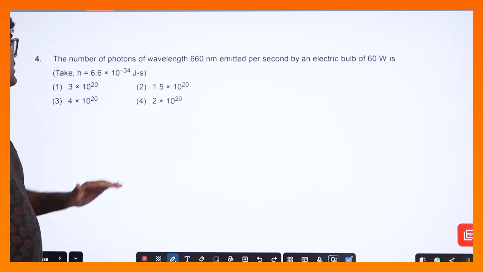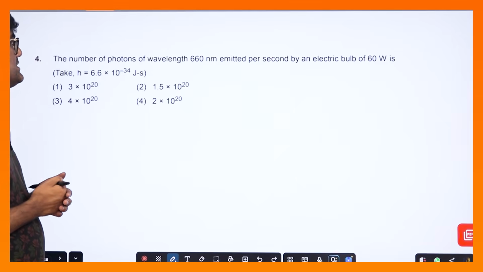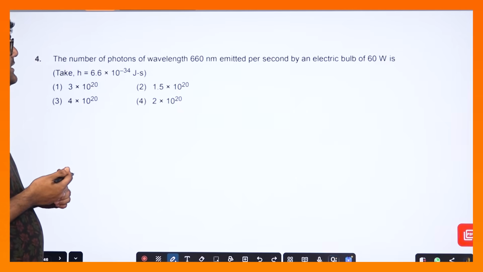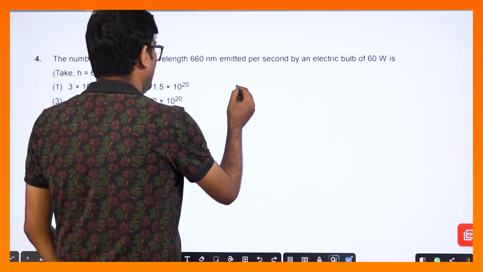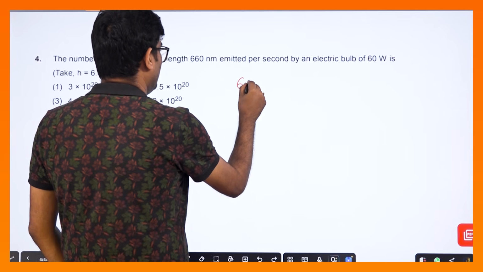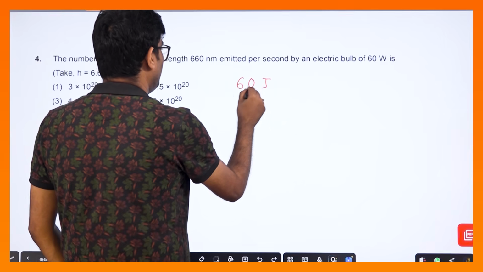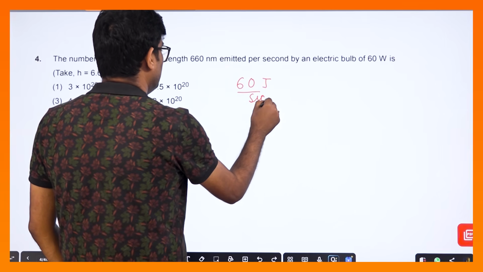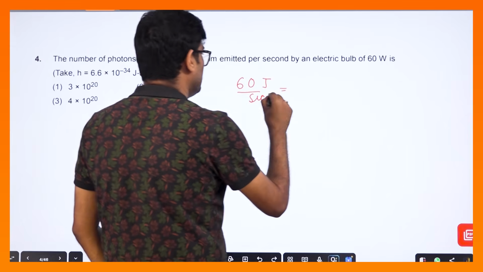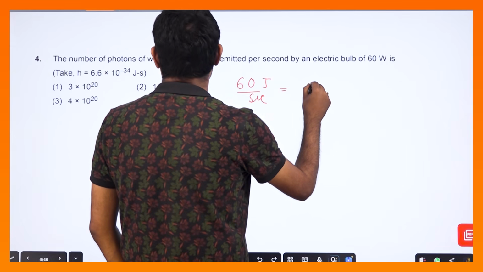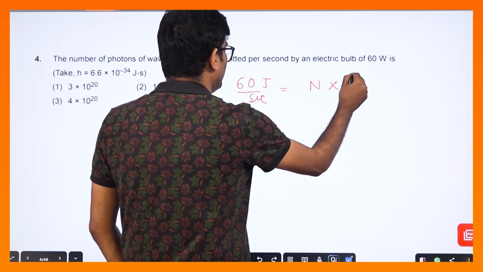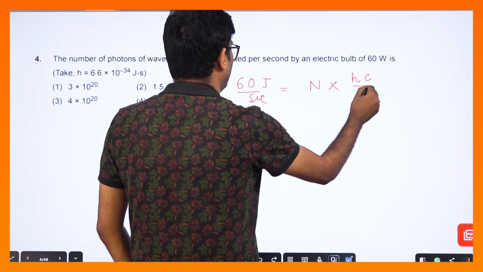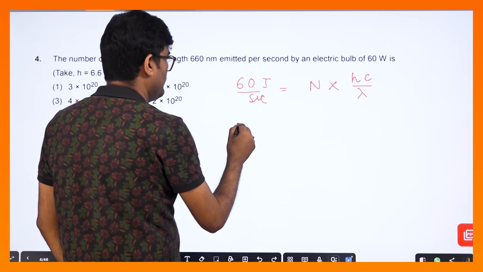The number of photons of wavelength 660 nanometer emitted per second by an electric bulb of 60 watt. Okay, if the bulb has a power of 60 watt, that means 60 joule of energy per second it is releasing. Suppose n number of photons is emitted per second and each photon has an energy hc by lambda, then we can calculate n from here.